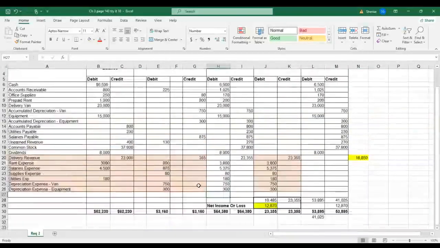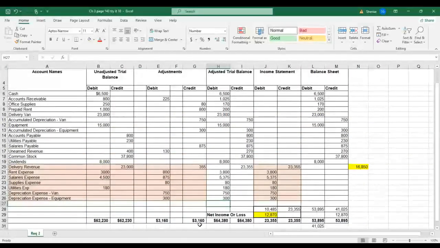And so when we add up all of our adjustments, they total $3,160 for debits and credits. And then on our adjusted trial balance, when we add everything up, it also equals $64,380.